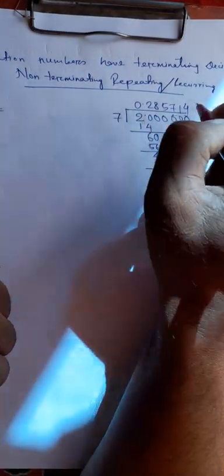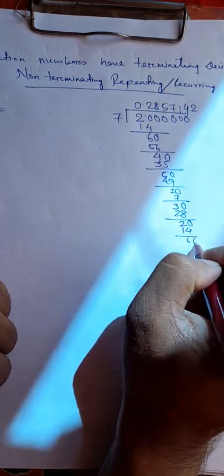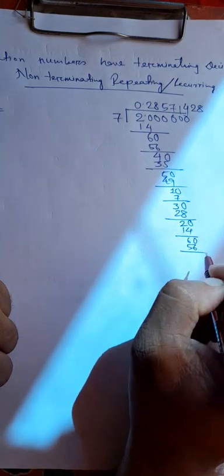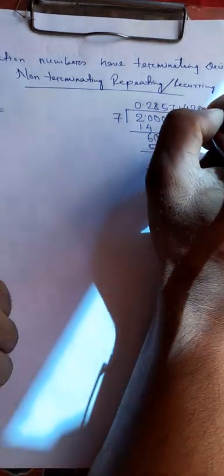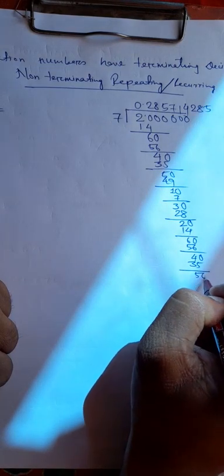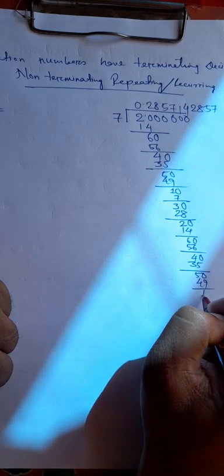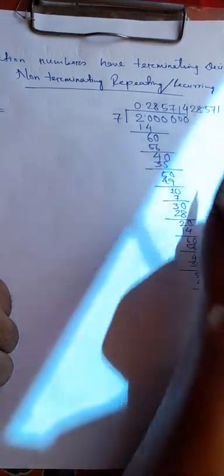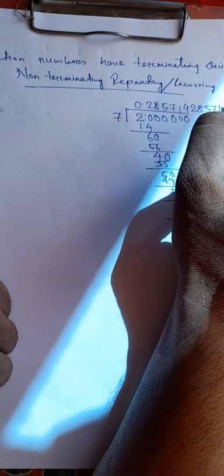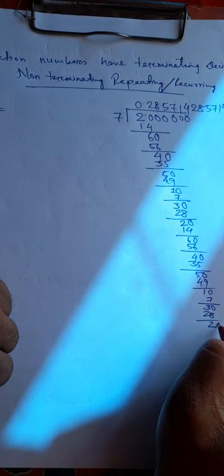So this will start again. 7 2 is 14, 7 8 is 56, 4 0, 7 5 is 35, 7 7 49, 7 1 7, 7 4 28, 2 0.